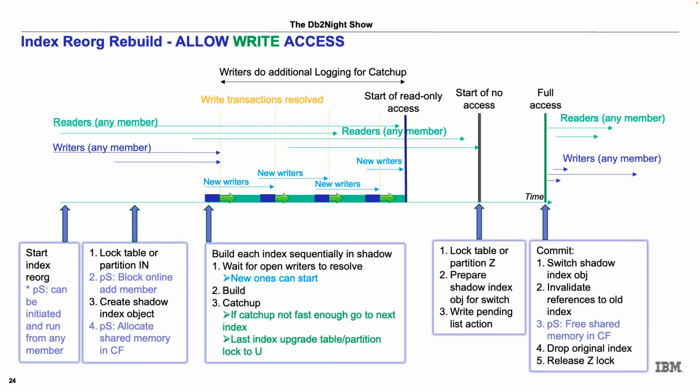So before we start each index build, concurrent writers continue to update the base table, but we have to draw a line to make concurrent writers aware there's a reorg. So those concurrent writers have to be drained, right? The existing ones will be drained and the new writers will be allowed. Okay, and then all the concurrent writers will do additional logging for the catch-up phase.